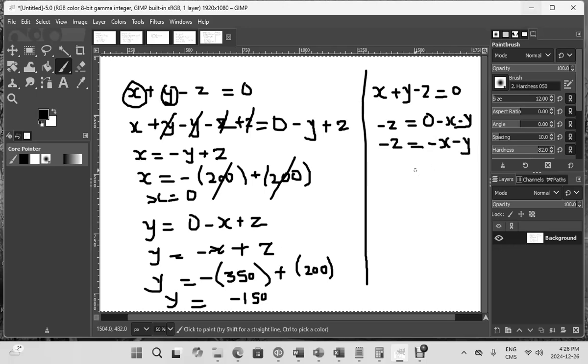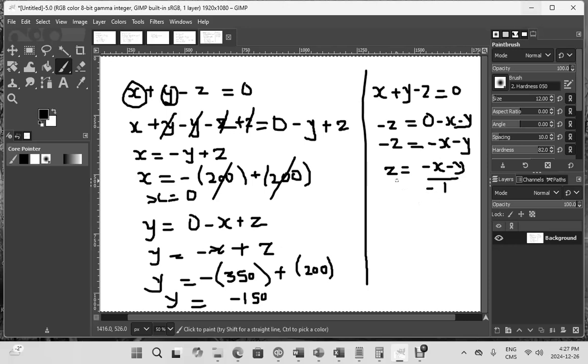And since this is negative 1, there's an invisible 1 in front of the variable. When you bring this negative sign to the other side to solve for z, this will be z equals negative x minus y over negative 1.